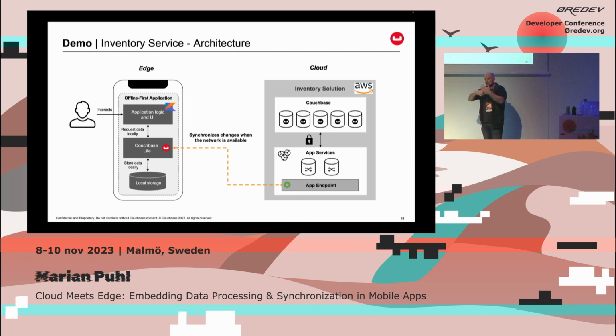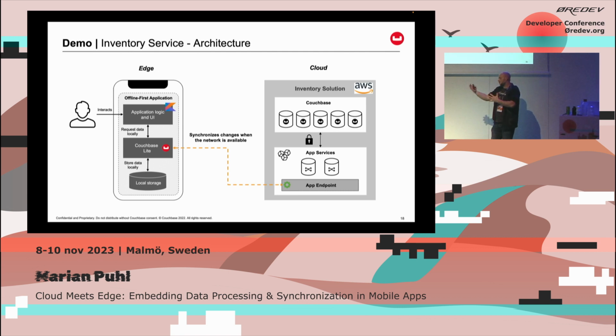So how does the architecture or the stack look that's actually used in the demo? On the right-hand side, we are in the cloud. For the sake of the demo, I'm using AWS. Could be any cloud provider, can be your own data center, if you like.